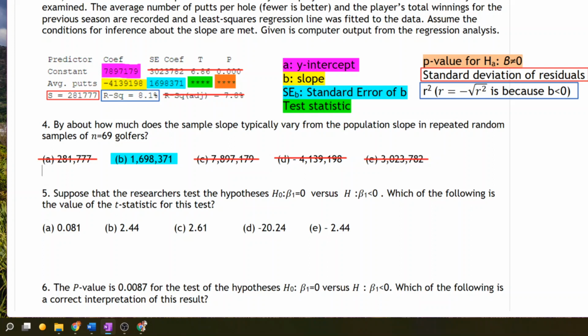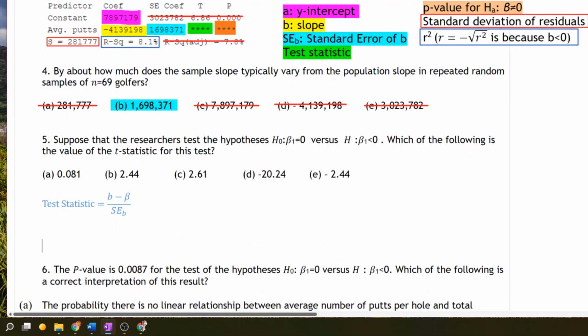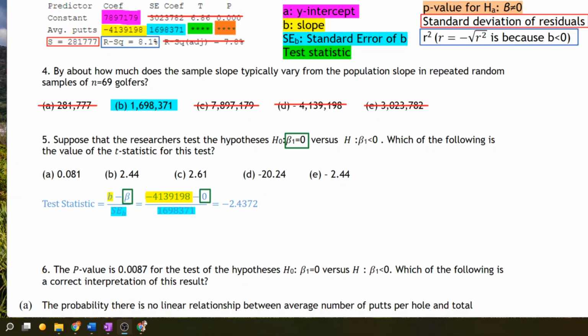But that's not a big deal because we know the formula for that test statistic. The test statistic is b minus beta over SE b. Most of the numbers necessary to calculate this are given to us already in the problem. This gives us a value of negative 2.437, which rounds to letter E.